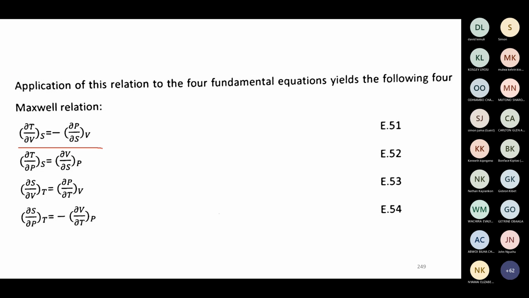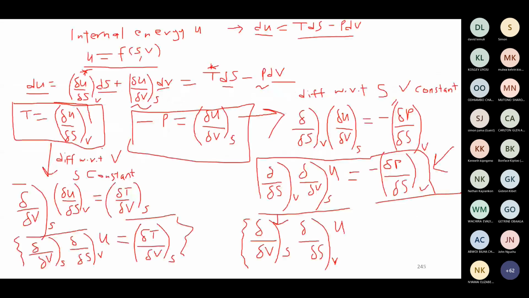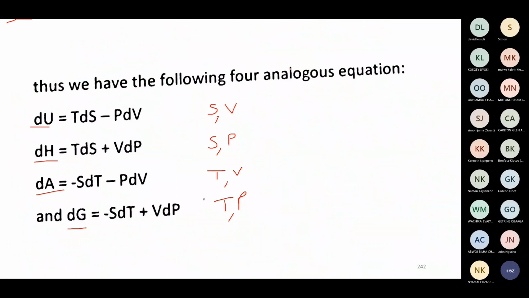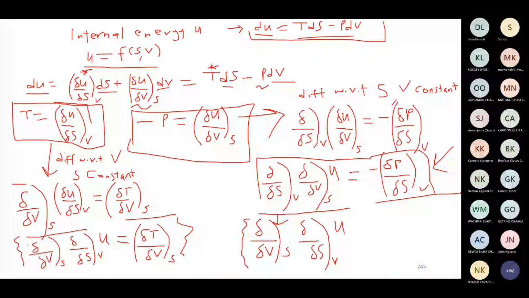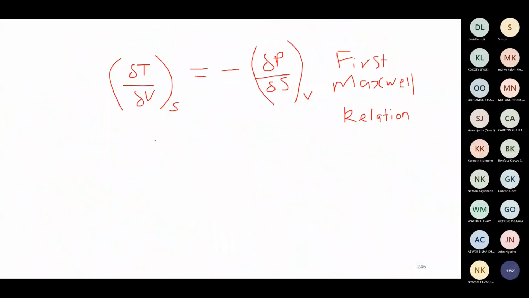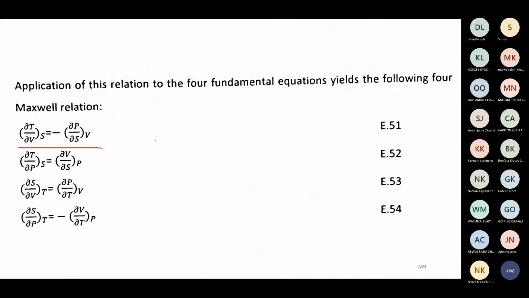We derived this by considering the internal energy expression. So for the other ones, you come to these expressions here. We have dealt with this one here for du. So with these other three, you deal with them the same way that you have dealt with this one for internal energy. You will end up with these three other Maxwell relations.